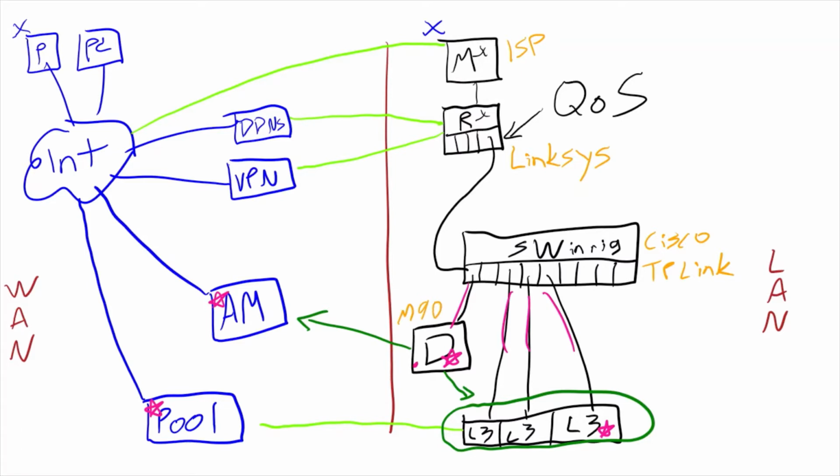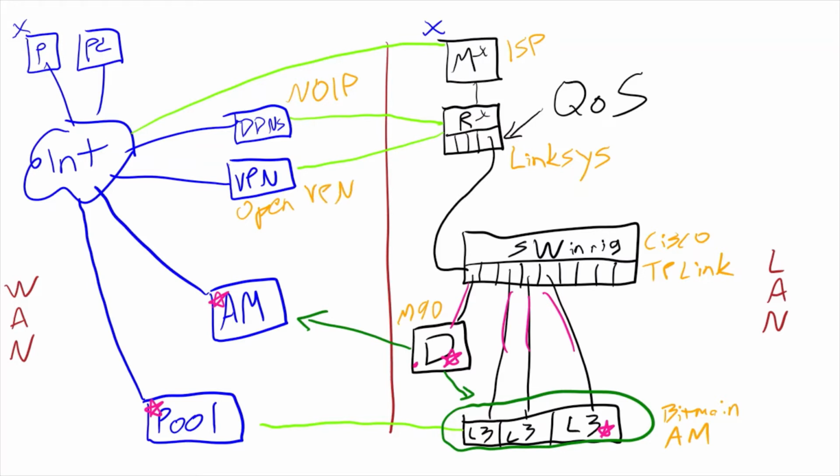And then the L3s, obviously they're Bitmain, and they're running the Awesome Miner firmware. That's the paid version of the firmware. Over here on the DDNS side, my preference is No-IP, and VPN, OpenVPN has a fantastic free product.